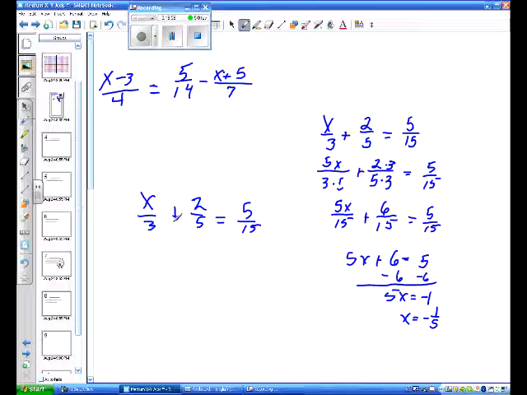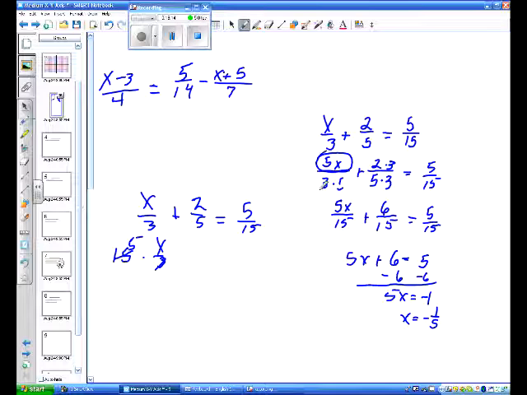And I had multiplied everything by 15. Well, if I multiply this term by 15, then notice 3 is going to go into 15 5 times, and I have 5 times x. Well, that's the same thing that I did here.